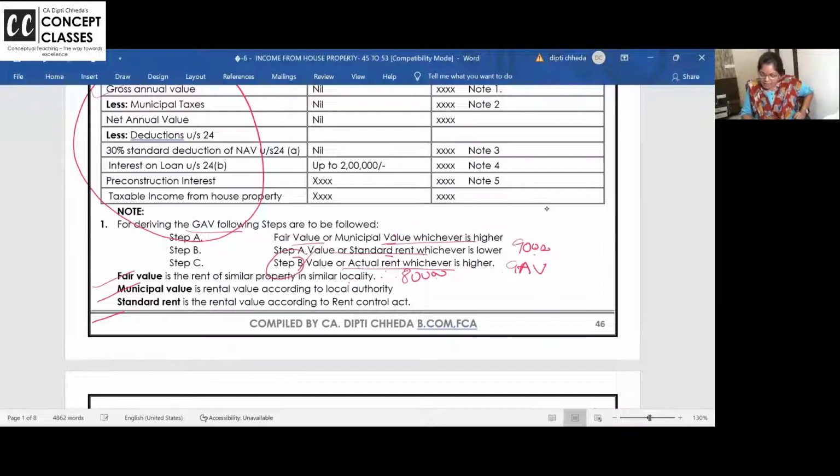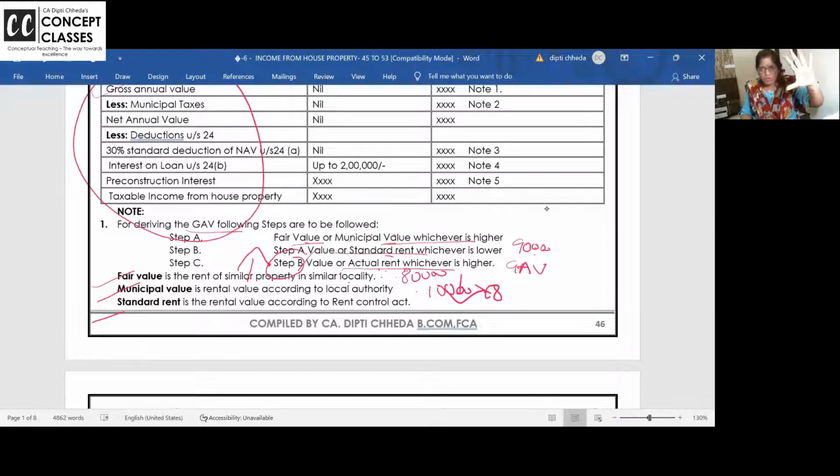So the step B answer is high and actual rent is low, because fair rent and municipal value are for 12 months and actual rent is 10,000 for only 8 months. Only 8 months.